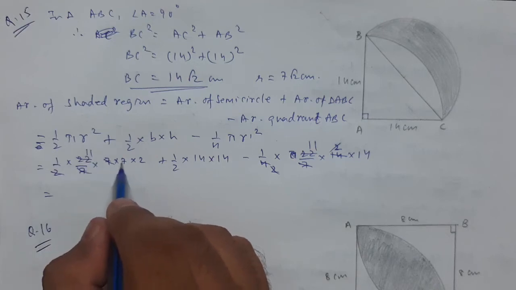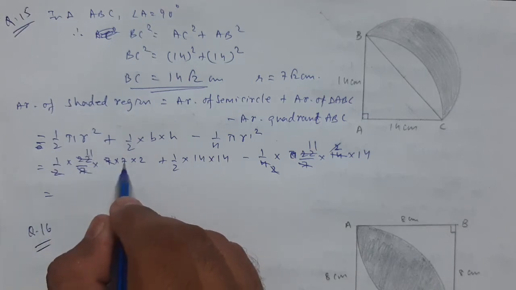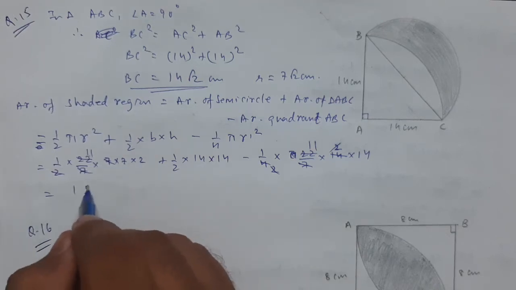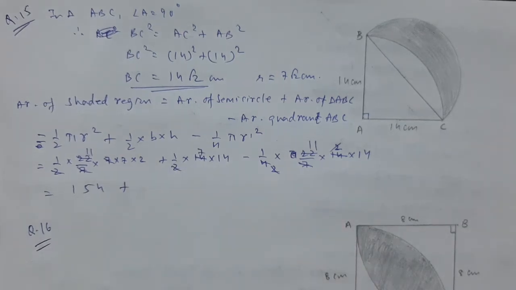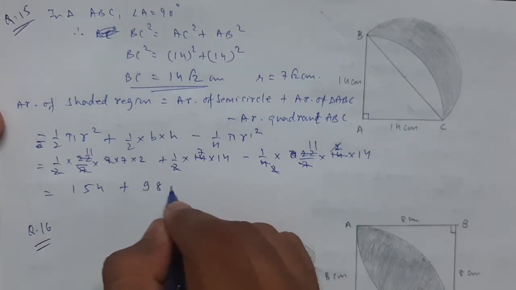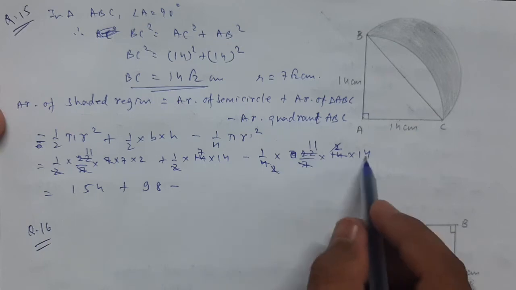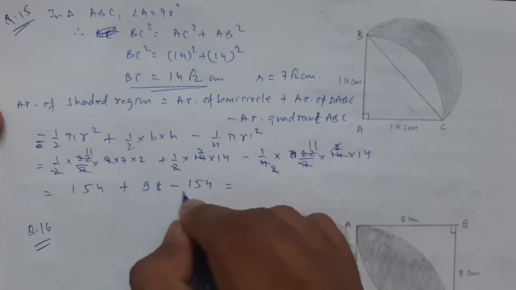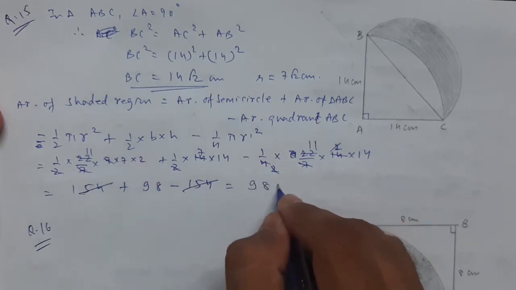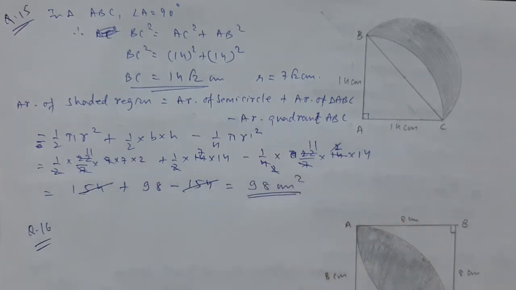So we get 11 into 7, 77 into 2, 154, plus 7s are 14 into 14, we get 98, minus 11 into 14, 154. 154 cancel. 98 centimeter square is your answer.